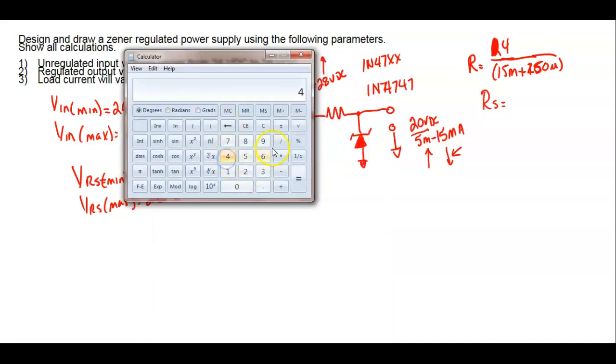So let's redo this. 4 divided by open parentheses 15 times 10 to the minus 3 plus 250 times 10 to the minus 6, close parentheses, and we get 262 ohms, right?